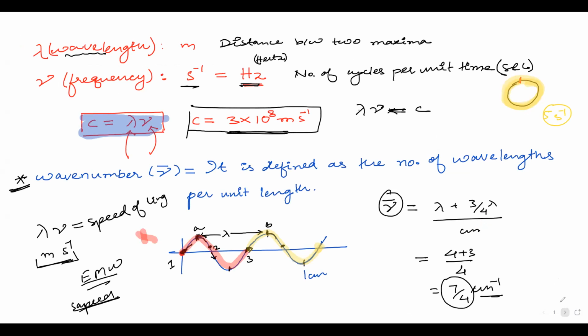Yes, sir. Okay. Now tell me, C is wavelength into frequency. And what is the value of C? C is equal to 3 into 10 to the power 8 meter per second. It is a constant, that is for light. Okay.